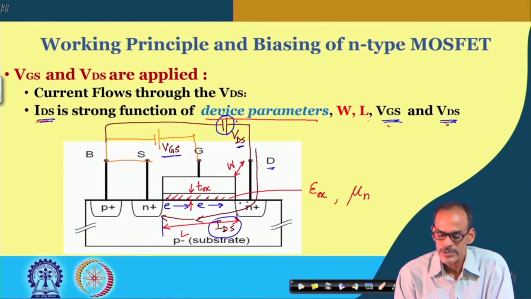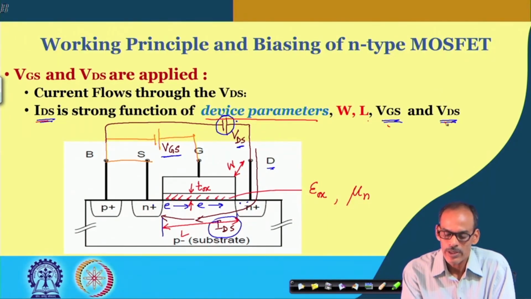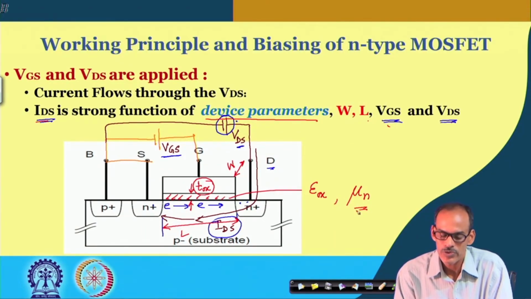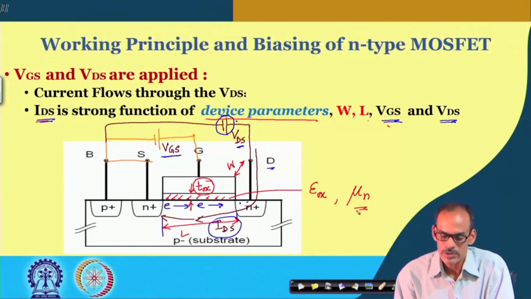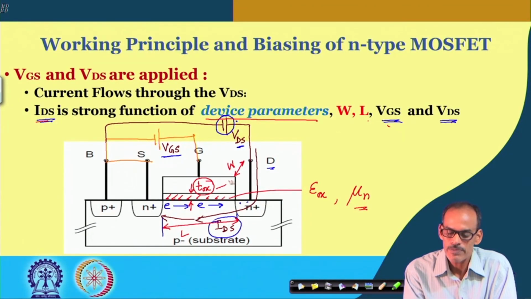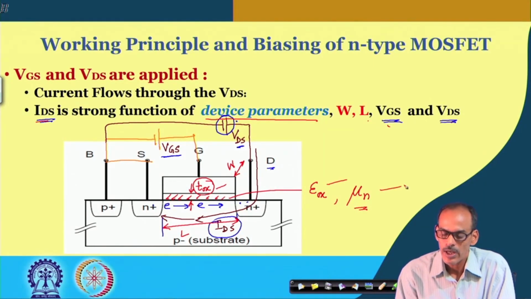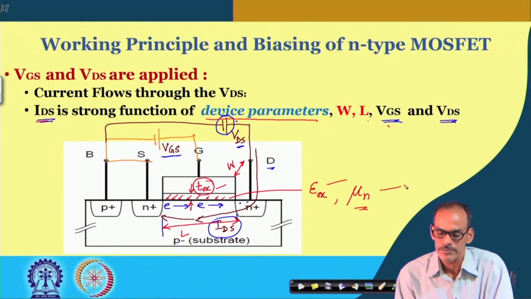As a device engineer, you may try to change this T ox, or change the surface so that the mobility will be better. There are different tricks to improve the device performance, but as a circuit designer we may assume these parameters are given to us and fixed.